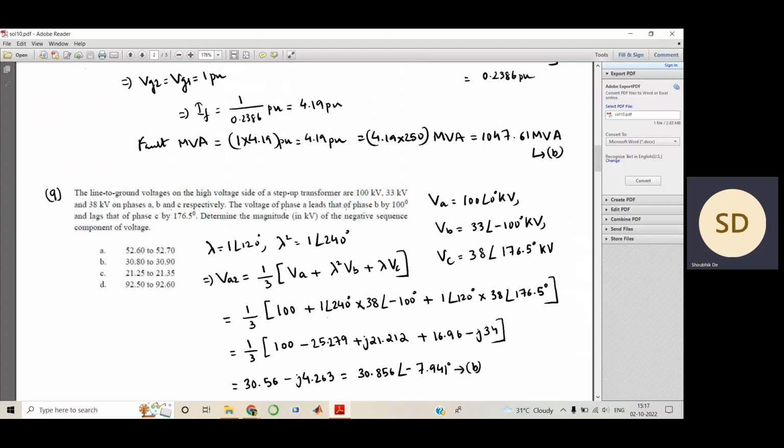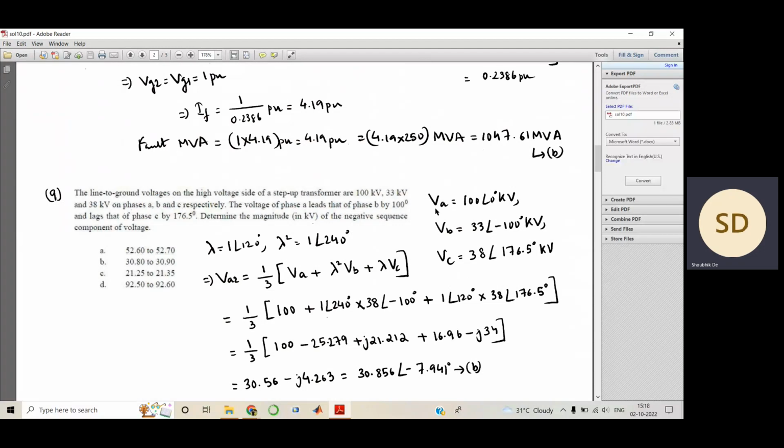The voltage of phase A leads that of phase B by 100 degrees and lags that of phase C by 176.5 degrees. So when you see such a line, where phase B and phase C are related with phase A, you immediately consider phase A to be your reference.